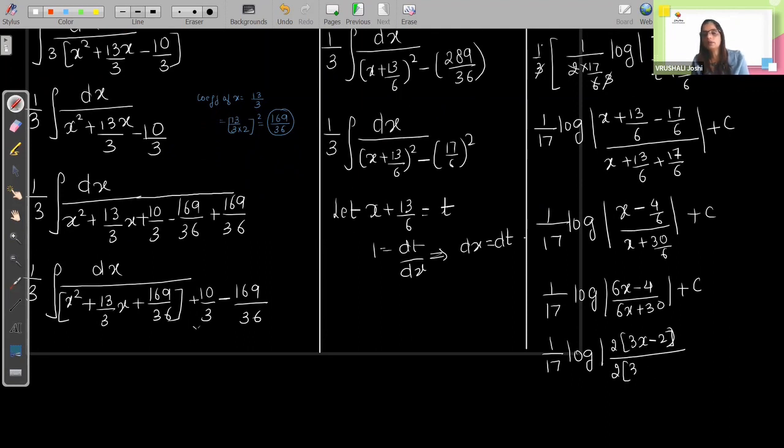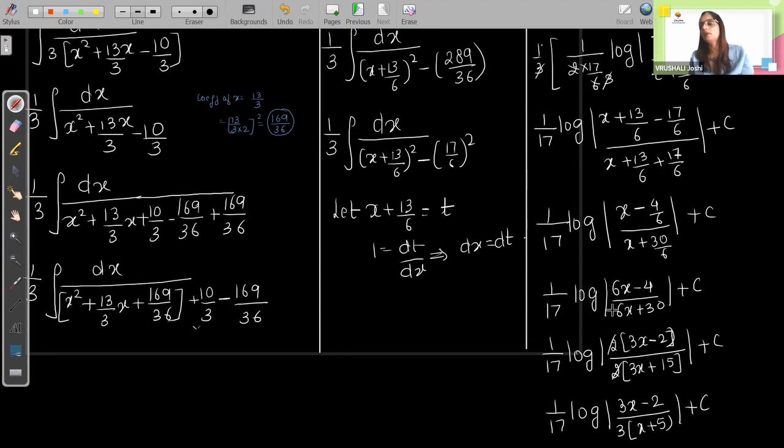So you will have 3x plus 15 modulus plus c. ये 2 और ये 2 निकल जाएगा और आपका आंसर क्या आएगा? 1/17 log of modulus 3x minus 2 by, यहाँ पे आप 3 बाहर निकाल सकते हो. This can be 3, sorry, this can be x plus 5 modulus plus c, correct? यहाँ पे थोड़ा लॉग का एक फंडामेंटल लगता है.